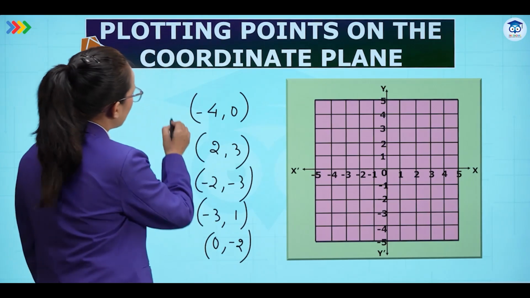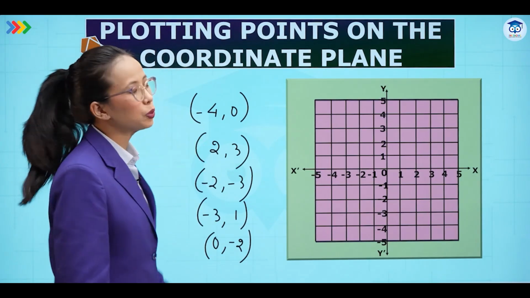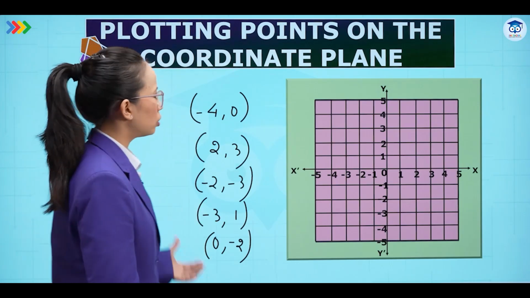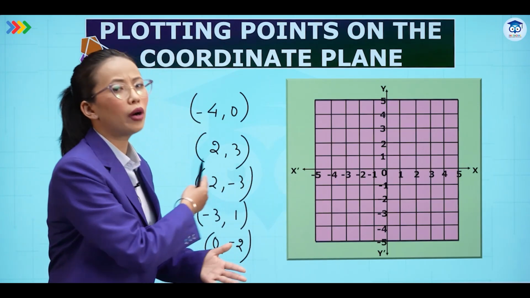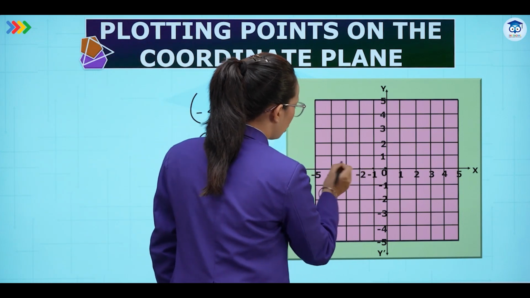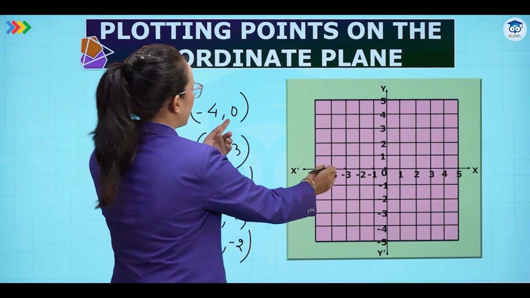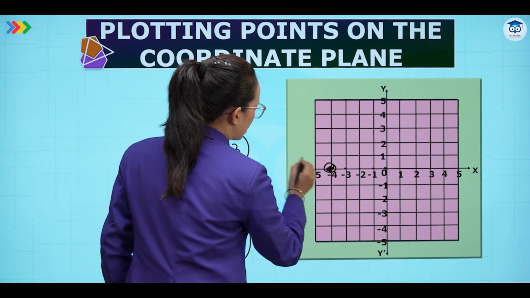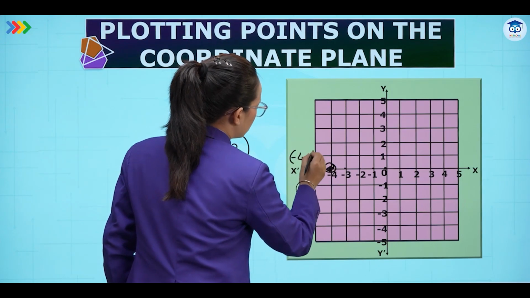So these are the few points. Now the first point is -4, 0. -4 is negative, so we will go 4 steps toward the left side. So 1, 2, 3, 4. And then 0, we are not going anywhere. So this is the point which represents -4, 0.